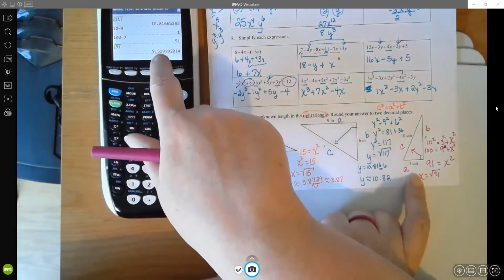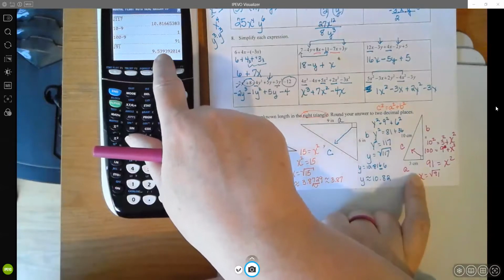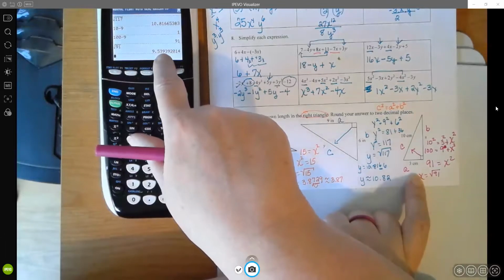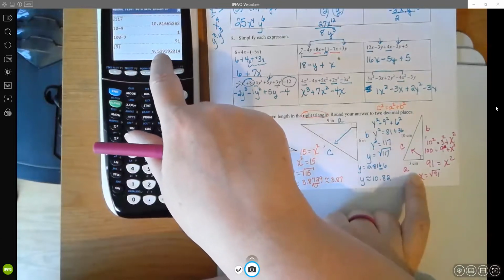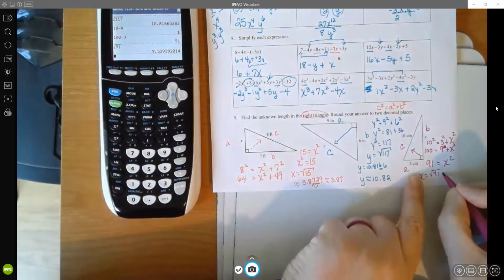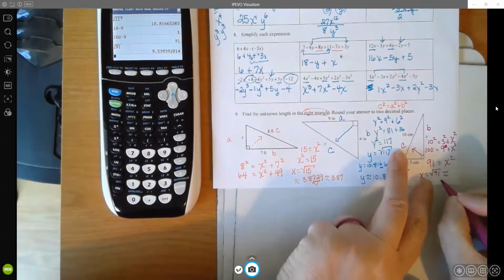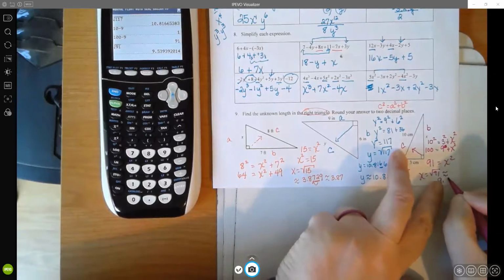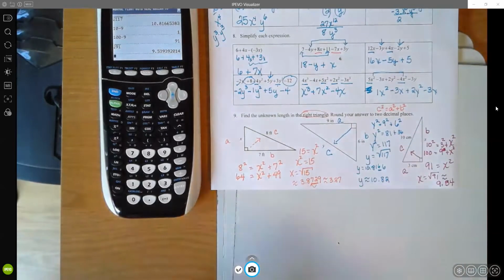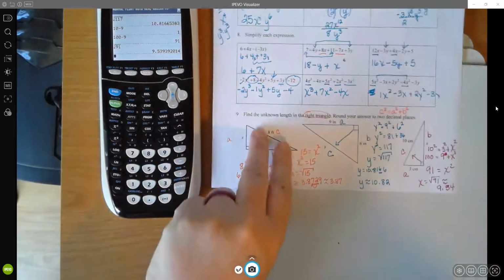And that third digit is a 9. So that 9 is 5 or more, and since that 9 is greater than 5, that 3 rounds up. So we have approximately 9.54. And that finishes problem number 9.